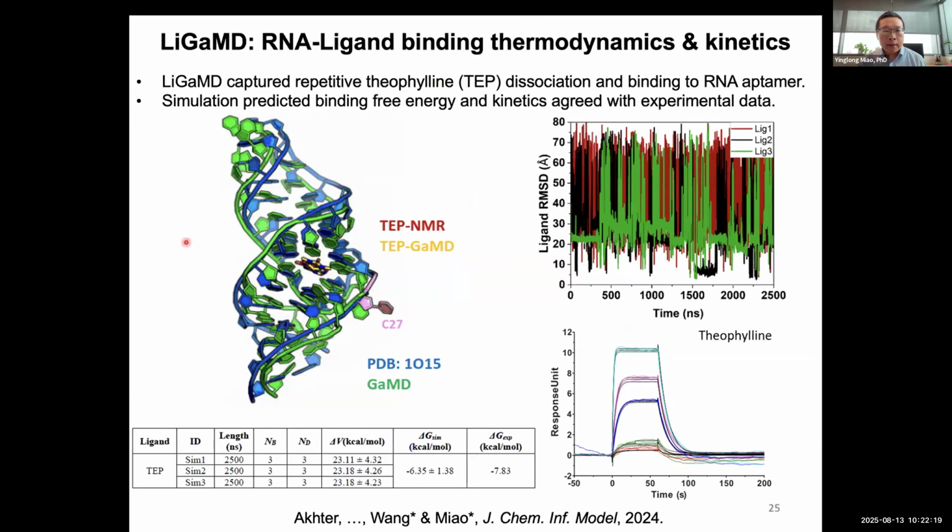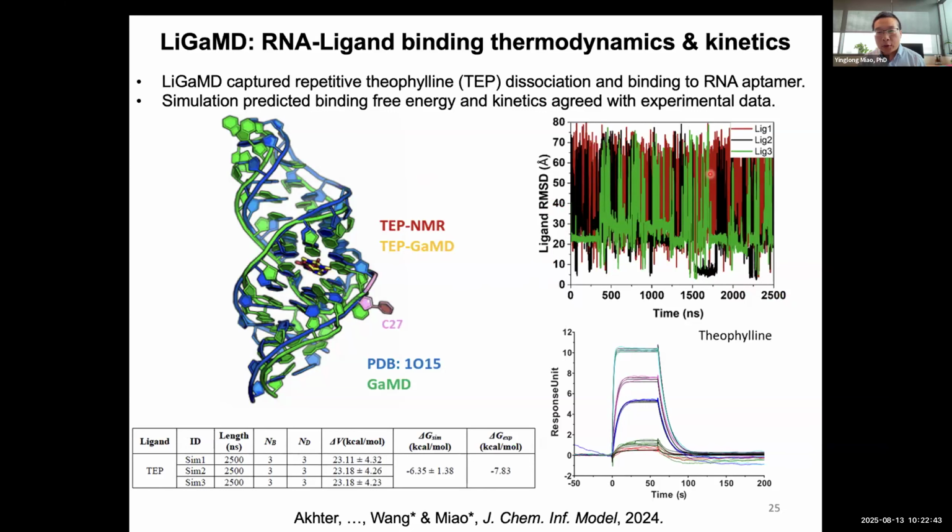Then we also added another 2 ligands in the solvent. Then we ran multiple 2.5 microsecond simulations. From our simulations, we calculated the RMSD, root mean square deviation of the ligand compared with the NMR structure. As you can see, the ligand could bind and dissociate multiple times in the simulation.